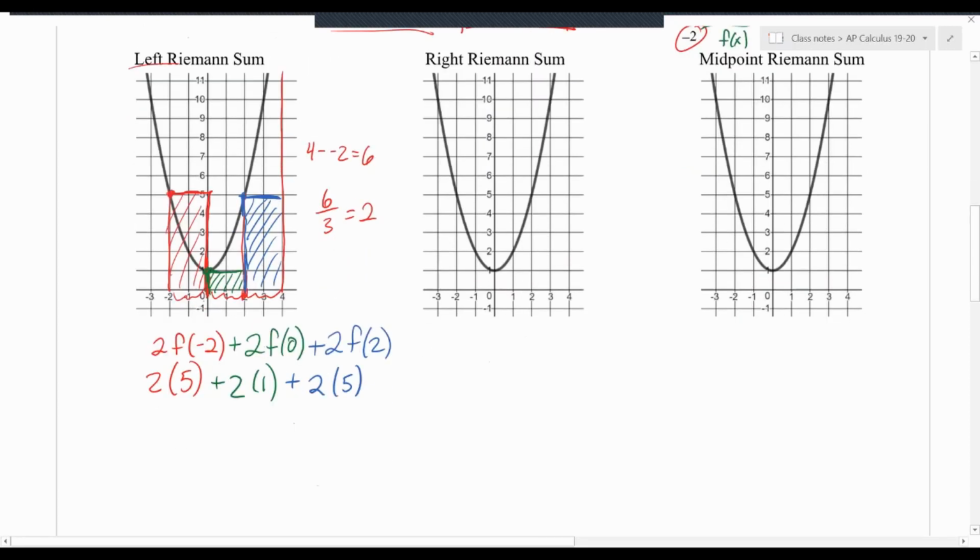So if we simplify this a little bit, we get 10 plus 2 plus 10, we get 22. That's doing it with a left Riemann sum.